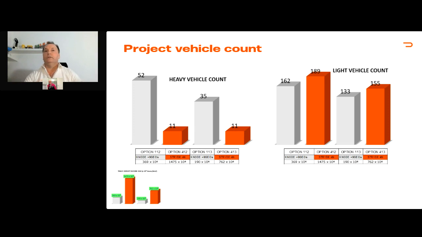So heavy vehicles, you go down very significantly with a Stride system. So you compare those options. We go a little bit higher with light vehicles, because we do not use any more heavy vehicles for recording in the case of the Stride node. And you go almost with no heavy vehicle for recording. The heavy vehicle, in the case of the Stride node scenario, is only for the vibrator department.